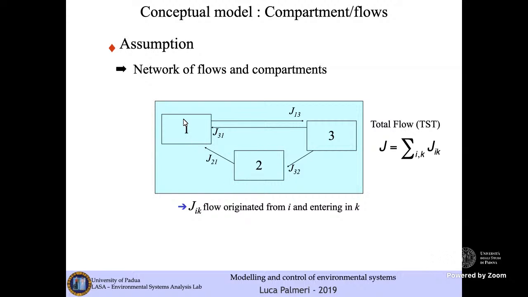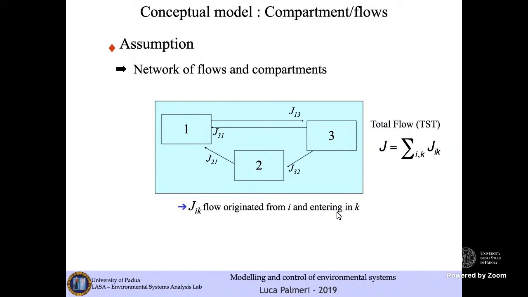When you describe the exchanges between the state variables, for example, J31 and J13, I remind you that these are sync exchanges, meaning that J13 is a flow going out from compartment 1 and entering into compartment 3, while J31 is a flow exiting from compartment 3 and entering into compartment 1. So the symbol JIK describes the flow originating from I and entering into K.